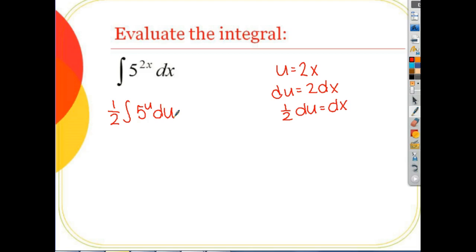It is going to be a to the u over the ln of a. Because if you think about the derivative of it, it's a to the u times the natural log of a. So what we have to do is cancel out that ln of a.